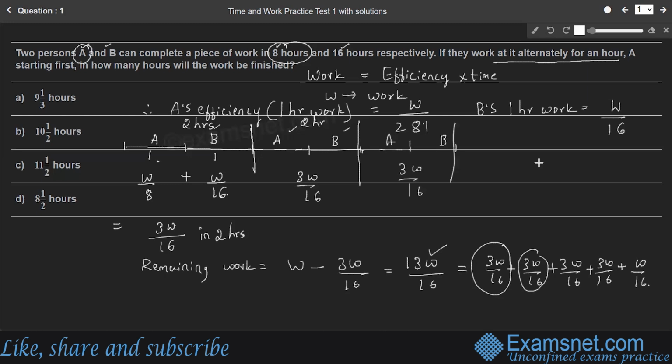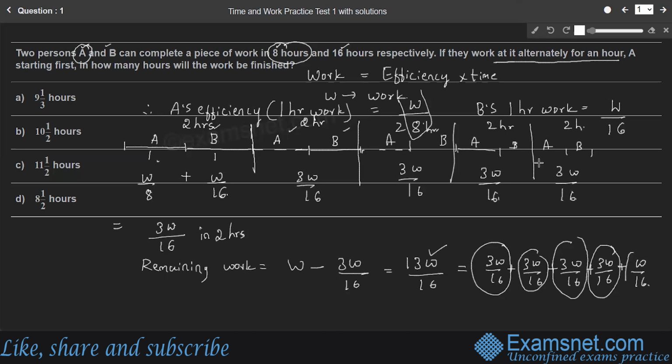Next, one more 3W by 16 amount of work will be done by A and B alternatively in another 2 hours.